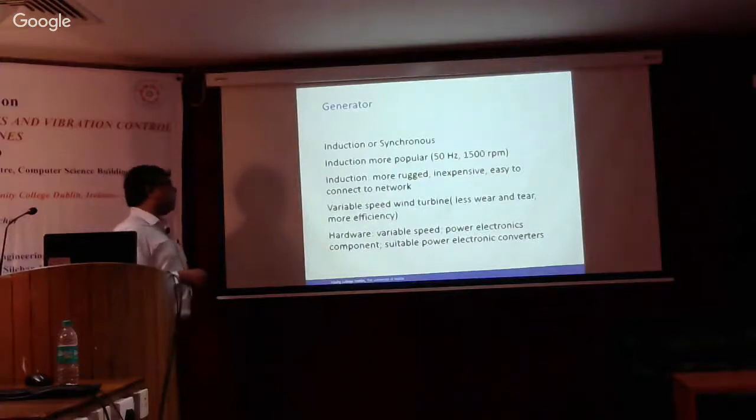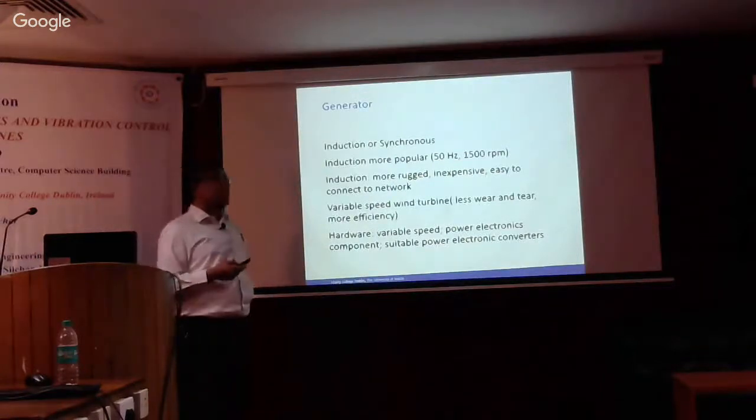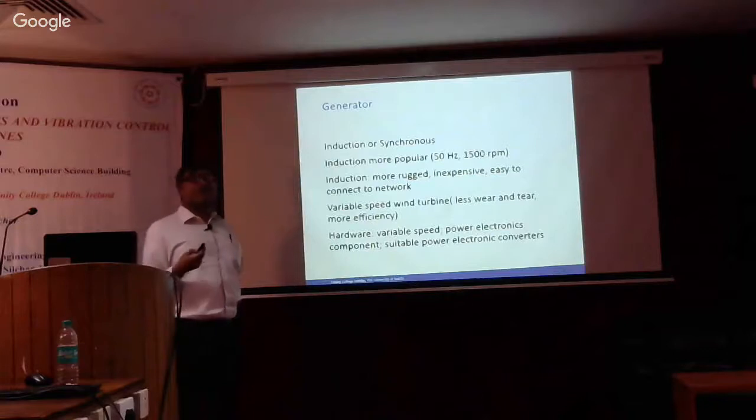But people are now going for more fixed speed machines, or something called a squirrel cage induction generator, where you can fix the speed, but then you don't worry, because if you generate a certain power with a certain frequency which is not matching what you want, you convert the whole thing into DC.